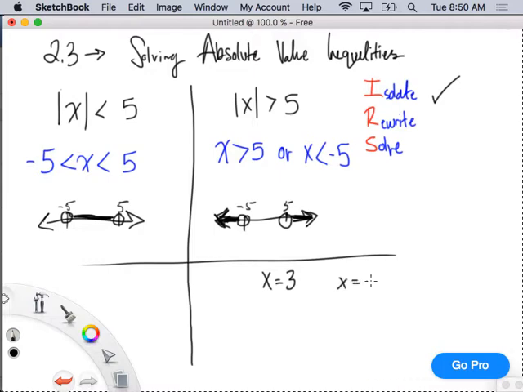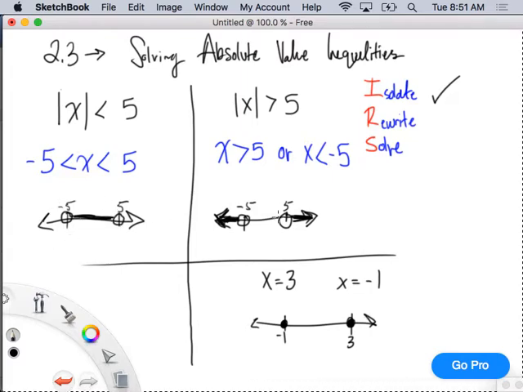So if I have x equals 3 and x equals -1, and I'm asked to plot that on a number line, it's just, here's -1, put the point there, and here's 3, you just put the points. That's graphing that on a number line. You're just plotting the points. Does that make sense, you guys? With the inequality, I have to actually show the domain of solutions, right? So it's not just one point. It's this whole domain of solutions. But with just an equation, you're only going to have 1 or 2 solutions. Any questions on that?